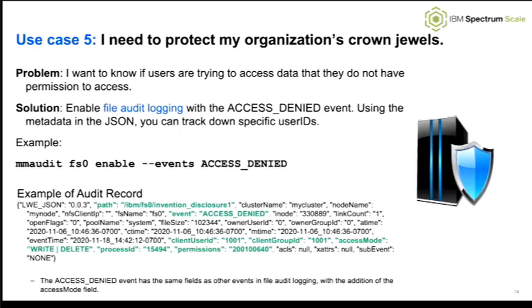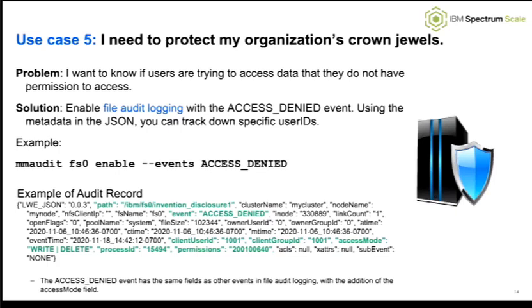Let's say the organization's research team has been working really hard on patenting an invention, and the disclosure is being worked on by multiple people on the research team, and they share a file named invention_disclosure1.